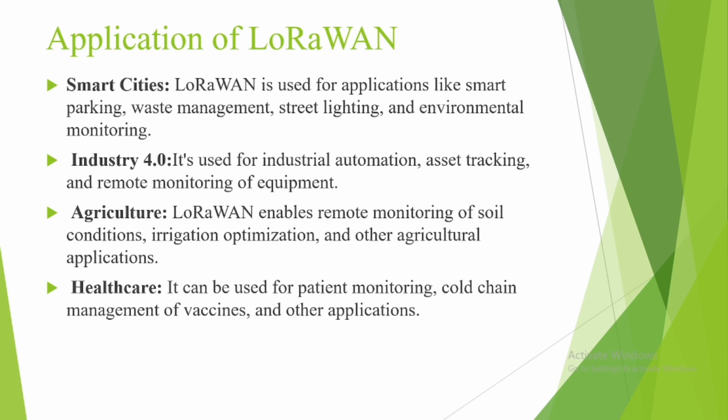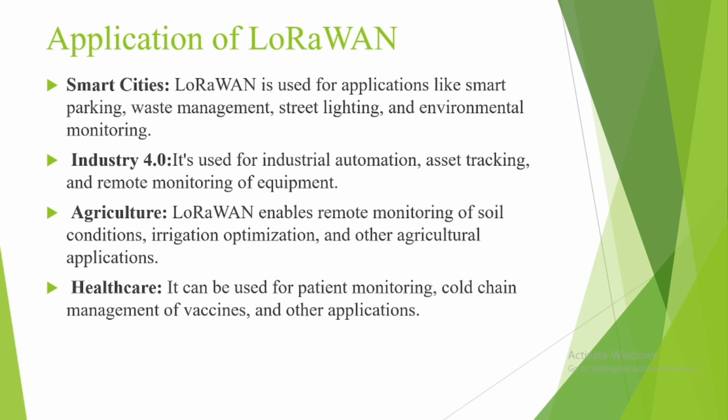Key characteristics of LoRaWAN: long range, low power consumption, secure communication, open standards. Applications of LoRaWAN: smart cities, Industry 4.0, agriculture, healthcare. Smart cities: LoRaWAN is used for applications like smart parking, waste management, lighting, and environmental monitoring.